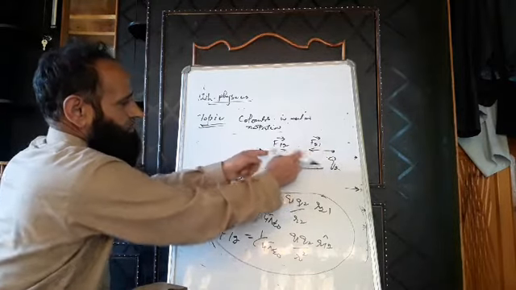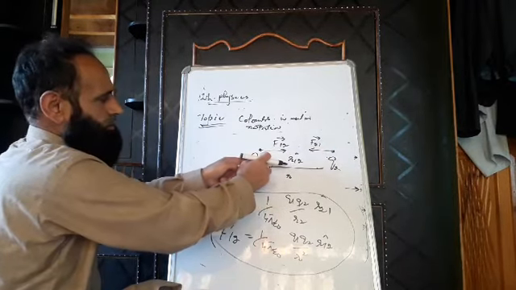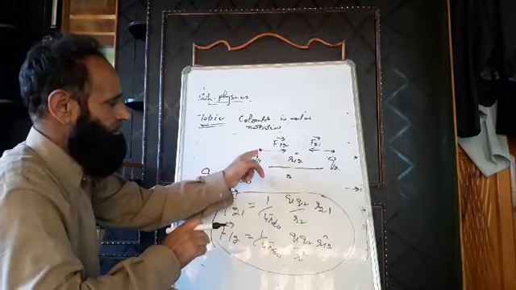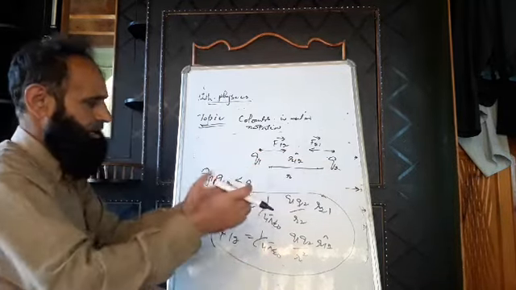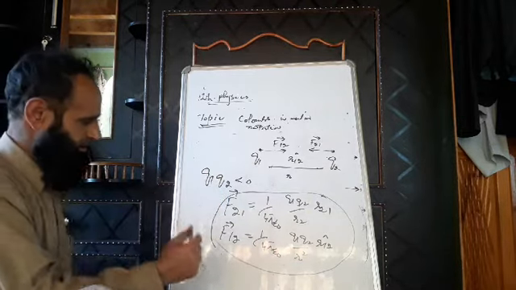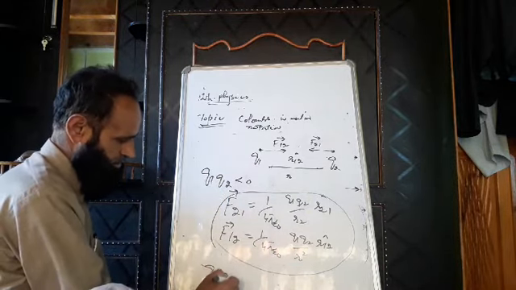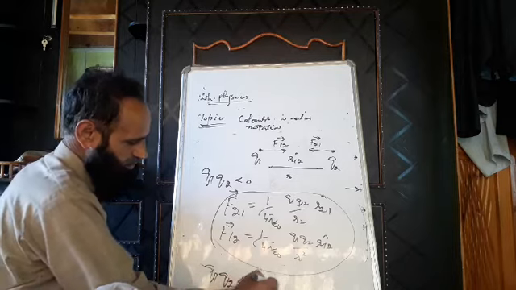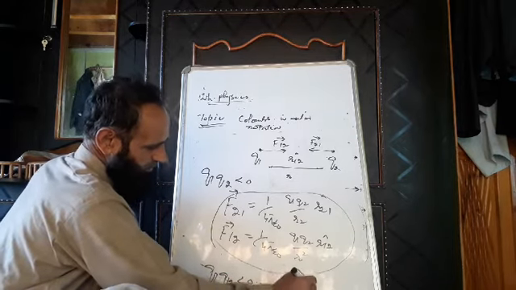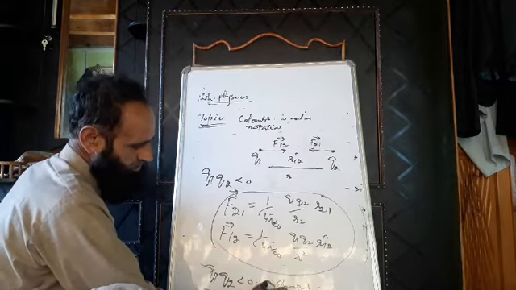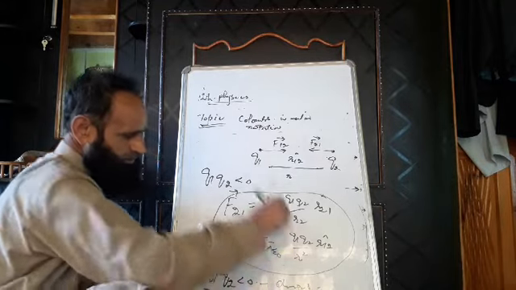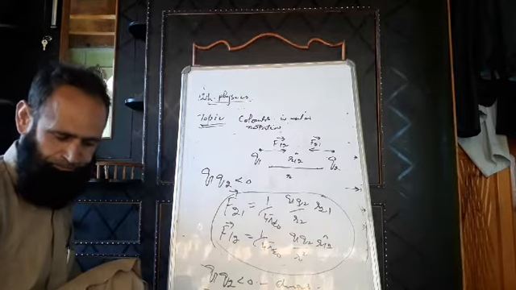This force is coming towards charge Q1, and the force applied on this charge moves it towards Q2. That means they may attract each other. If Q1 Q2 is less than 0, charges attract each other. If Q1 Q2 is greater than 0, charges repel. It may be asked in the objectives.